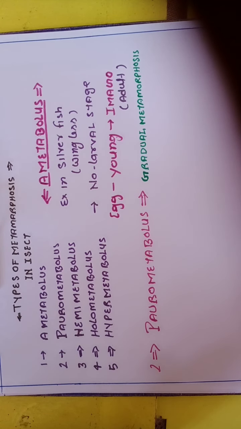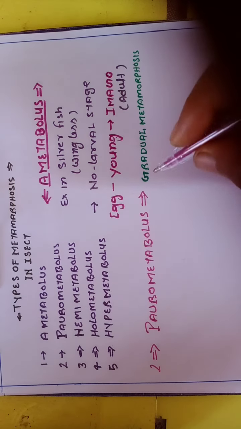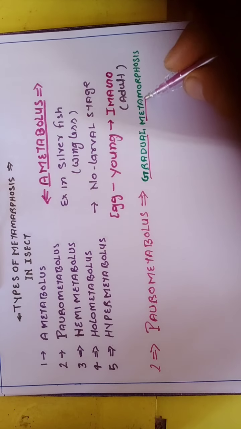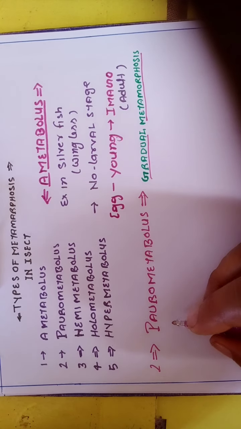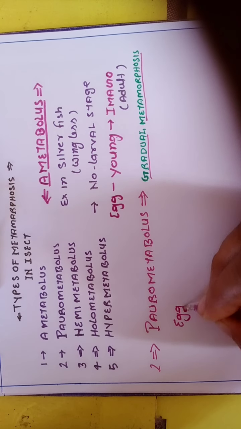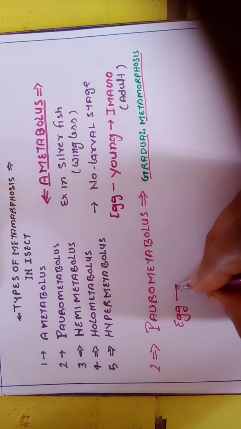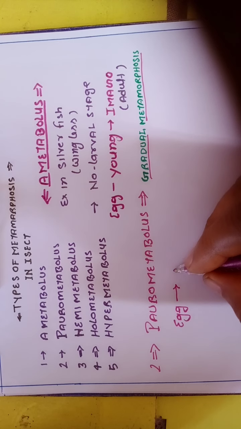That's why most students know about it. So in this type of metamorphosis, how many stages are found in their life or development? First the egg makes the young, and the young is known as nymph.